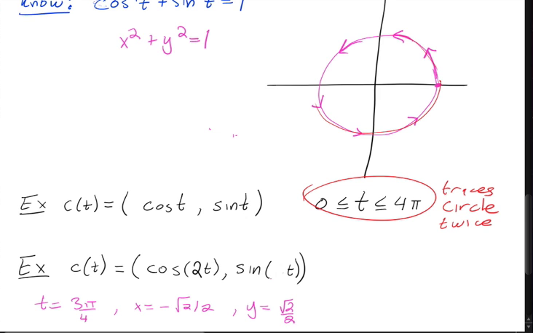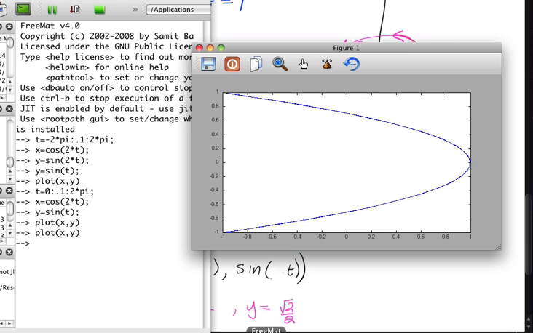After pi, notice that y starts becoming negative, because sine is negative after pi. Does that make sense? And then you go back again, and retrace over and over.